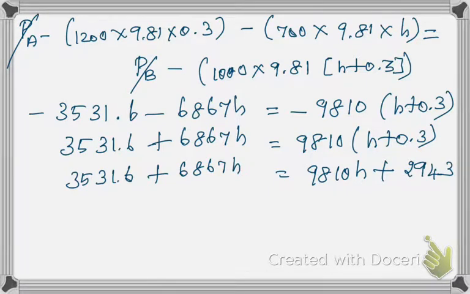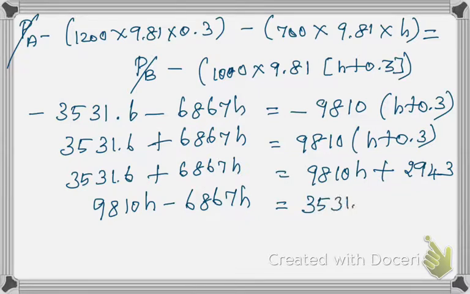Now I am bringing all the H terms to one side and all the constants to the other side. So I am rearranging: 9810H minus 6867H is equal to 3531.6 minus 2943.